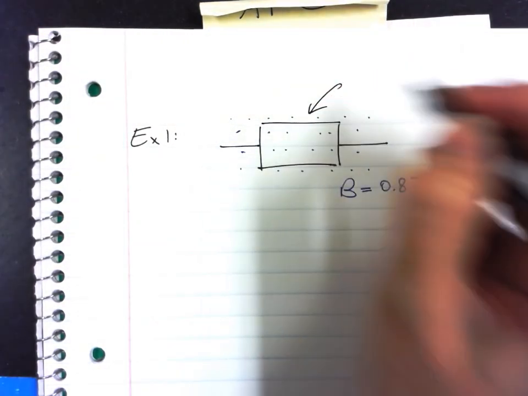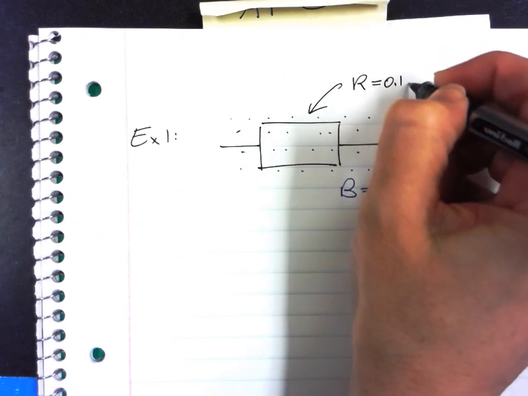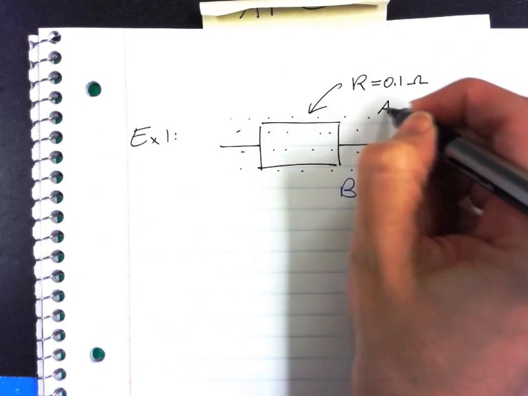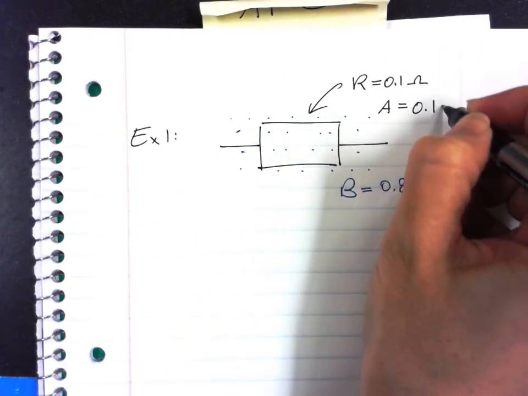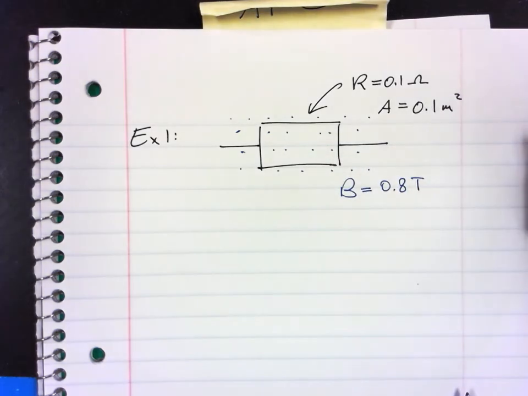This loop has a resistance of 0.1 ohms and an area of 0.1 meters squared. Please remember, if I give you diameter, that is saying it's a circle, so you're going to do pi r squared. If I give you a square, side squared. If I give you a rectangle, length times width. You know how to calculate the area of shapes.